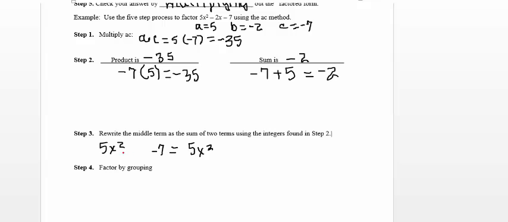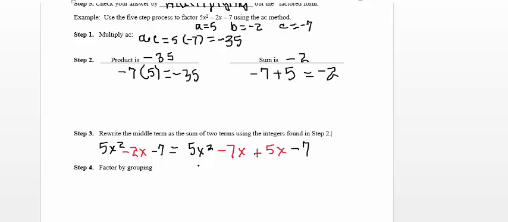Instead of writing that middle term as negative 2x, we're going to write it as negative 7x plus 5x. And then we're not going to change that first and third term. We're going to leave those as they were written in the presentation of the problem.